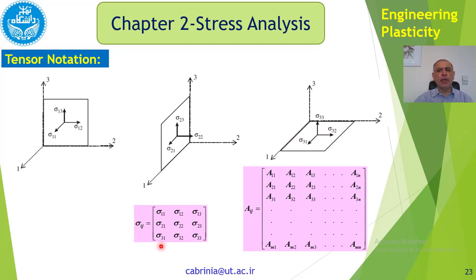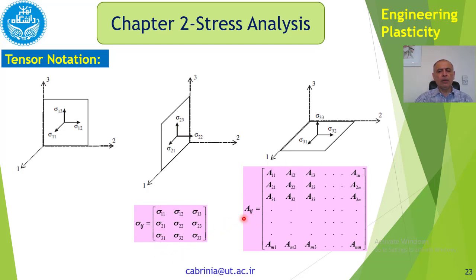They change alternatively. Okay, so we get 9 components with this notation. So this is a very simple and useful notation which we use in our relationships and calculations and computations. So this sigma ij can be shown as a matrix with 3 columns and 3 rows.